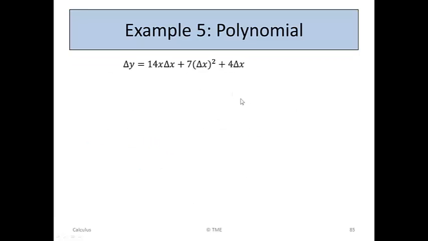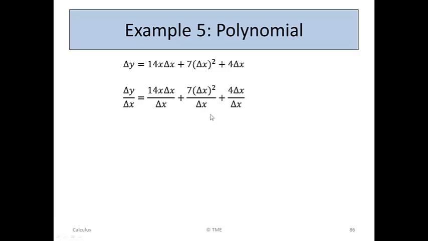So we'll rewrite that now, and we're interested in delta y over delta x. So delta y over delta x, taking the first term, is 14x delta x over delta x. The second term is 7 delta x squared, dividing by delta x, and then 4 delta x over delta x.